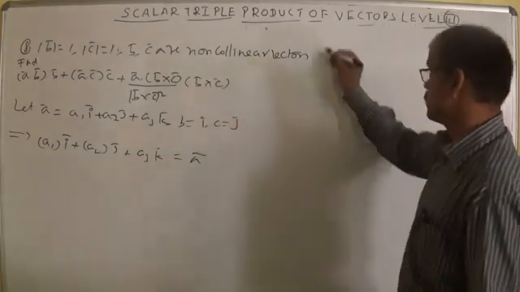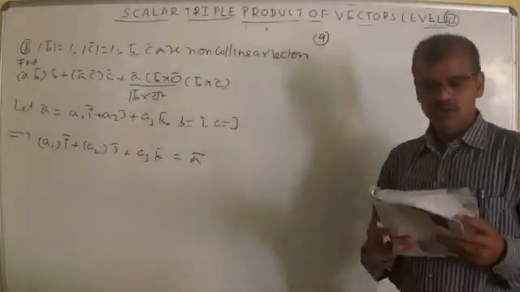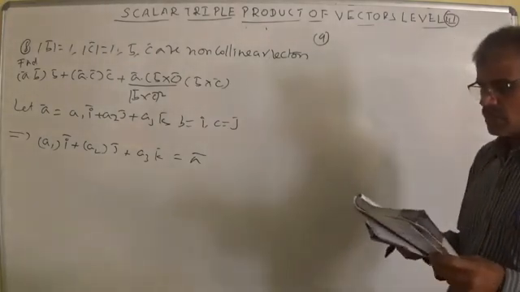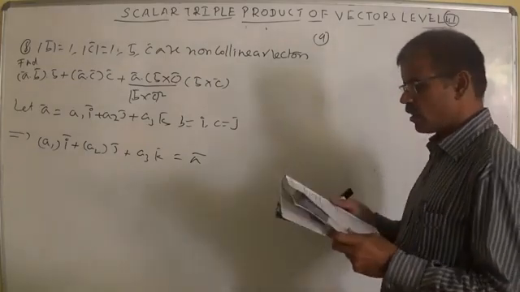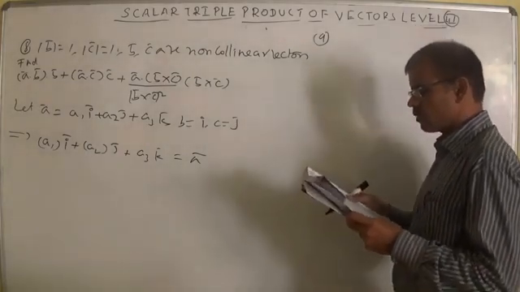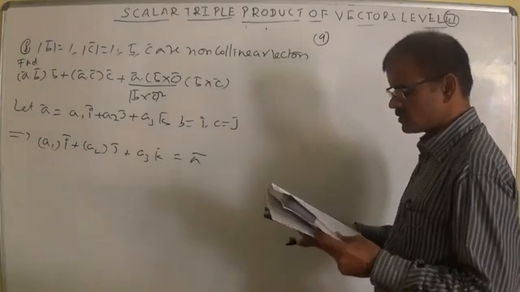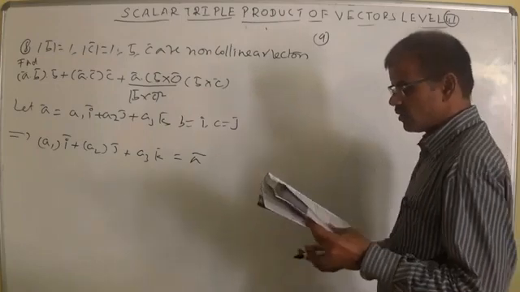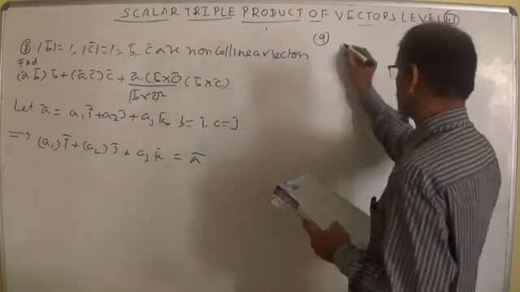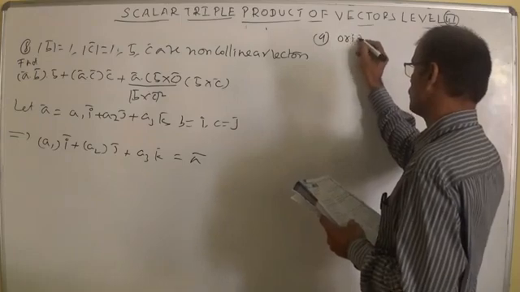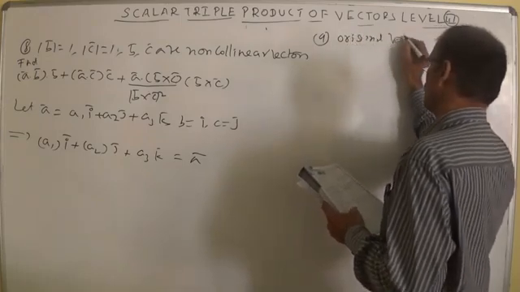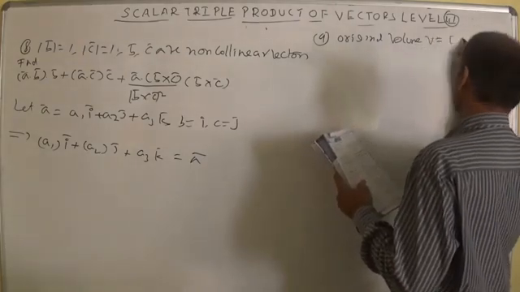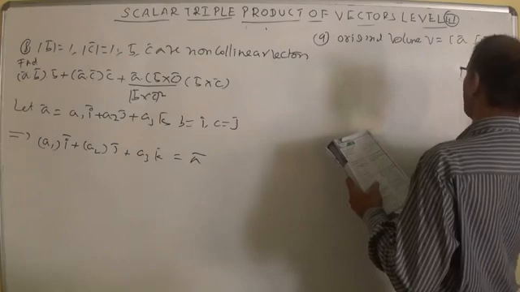Now let us discuss the ninth question. If V is the volume of a parallelepiped having three coterminous edges A bar, B bar and C bar, then the original volume is V equal to box ABC.